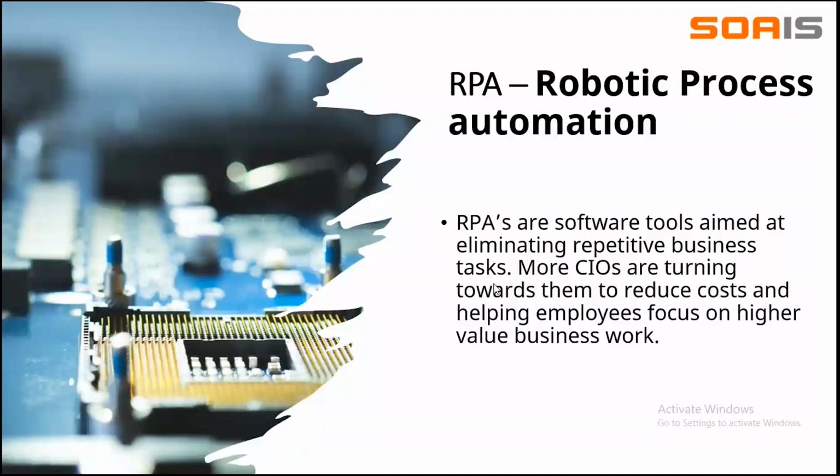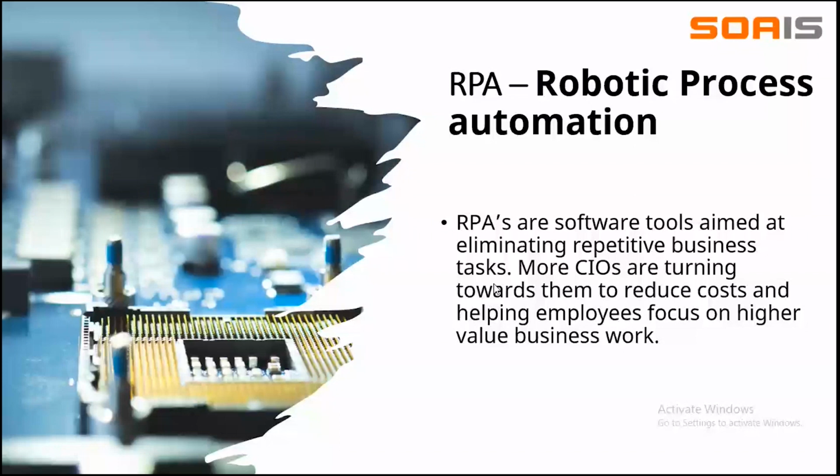Robotic process automation is a software tool aimed at eliminating repetitive business tasks. More CIOs are turning towards them to reduce cost and help employees focus on higher value business work.